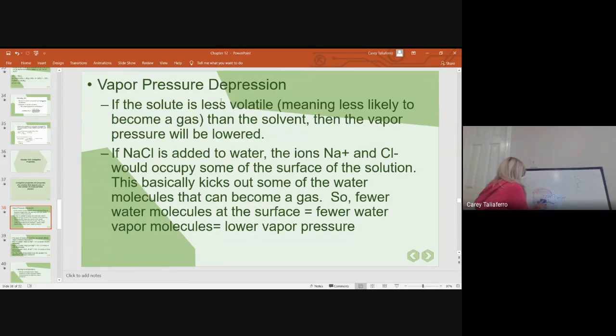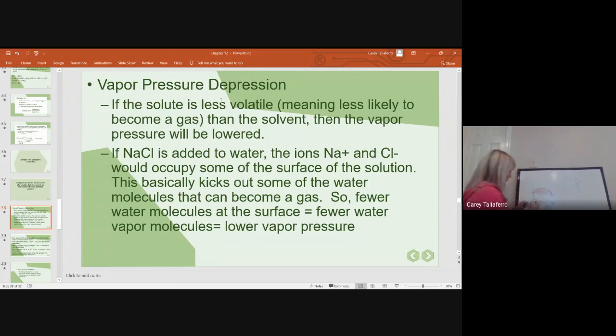I'm going to go back out here and let's pretend that instead of having pure water in our beaker, we have water, but also we have some sodium and some chloride ions.